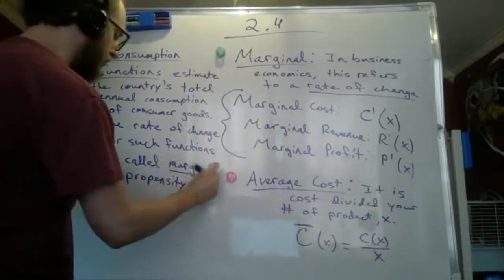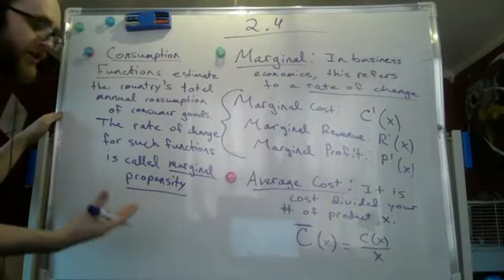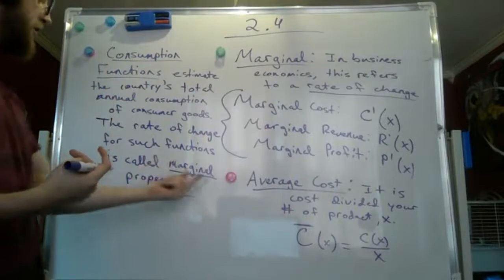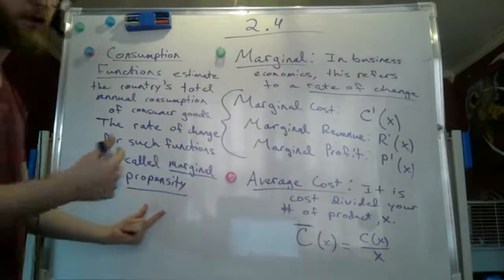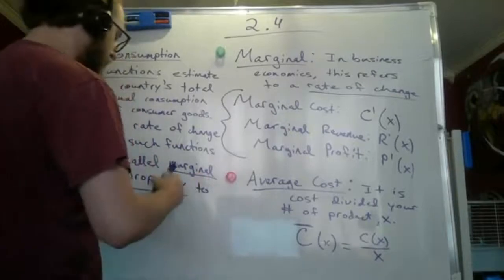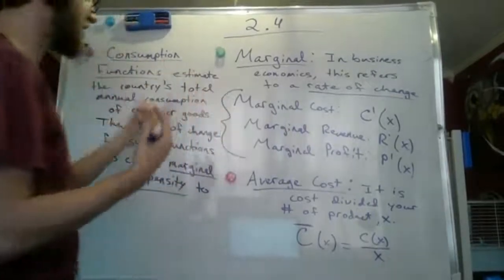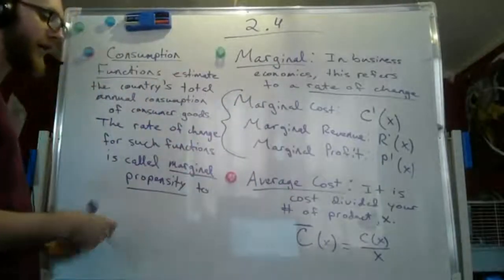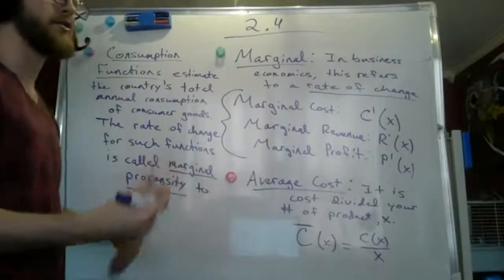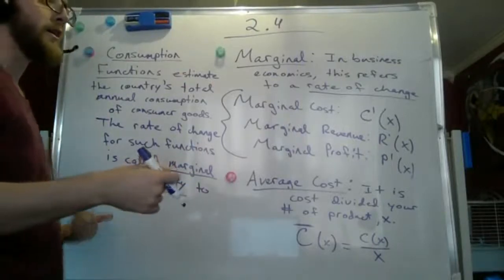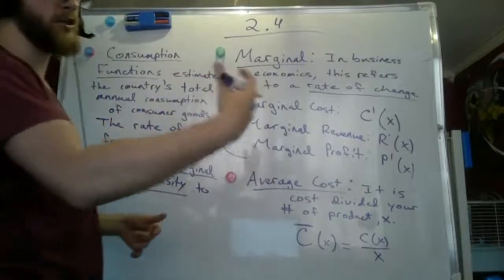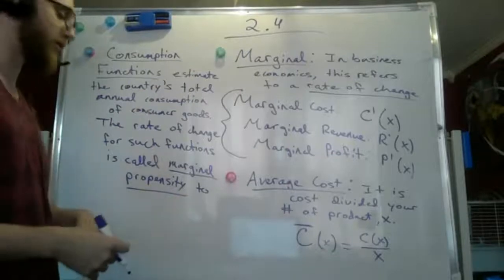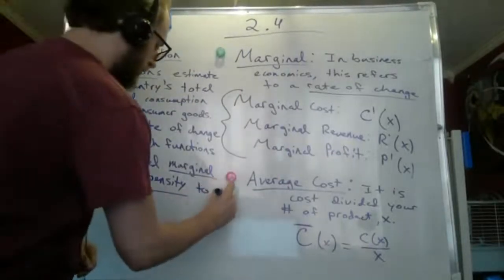So there's that marginal word again. Again, that's just referring to rate of change in business terms. The rate of change for a consumption function is the marginal propensity to consume. So it's an estimate for at what rate the consumption is going to change given they're currently consuming some x amount. And that can be useful for predictive models where you're trying to get a good guess at what a new consumption rate is going to be next year based on what it is this year, and so on and so forth.